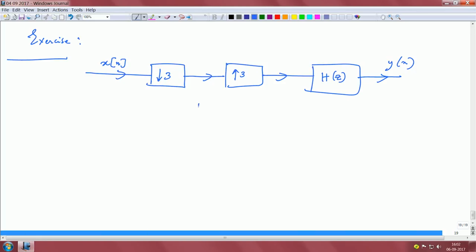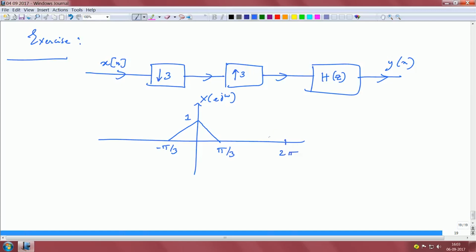Suppose the original signal has a spectrum which looks like this, from minus π/3 to plus π/3, same example we considered last time, X(e^{jω}). This is periodic with 2π, dot dot dot on either side. Let us say this is π, this is minus π. This scale is not exactly perfect, but I think you can see the conditions here.